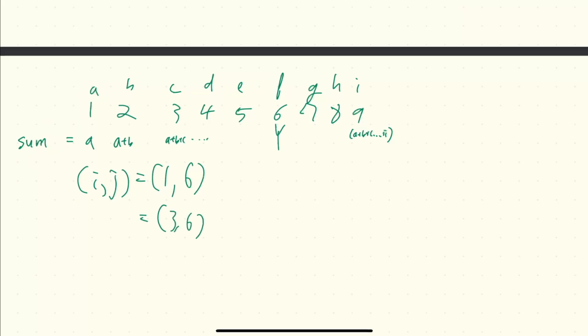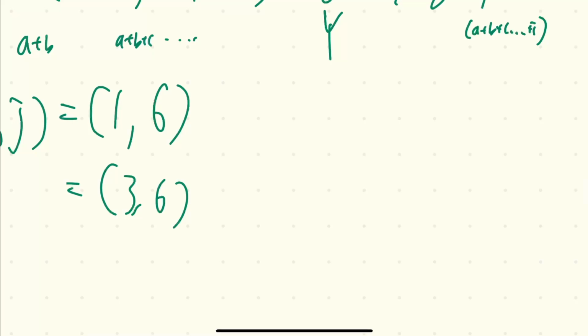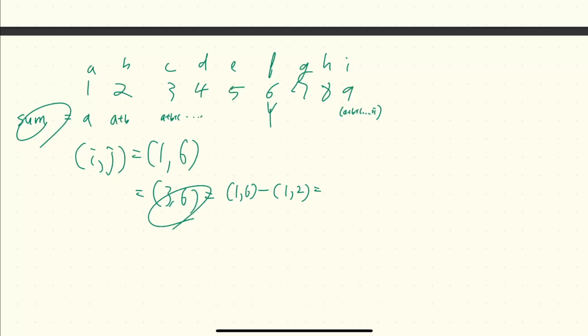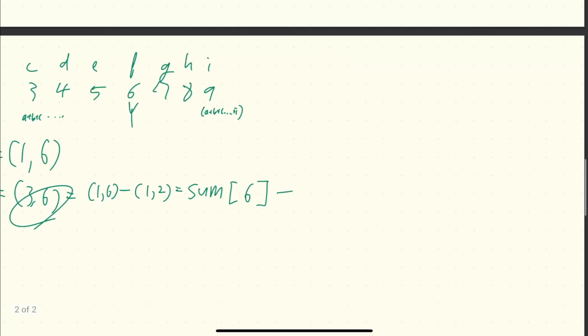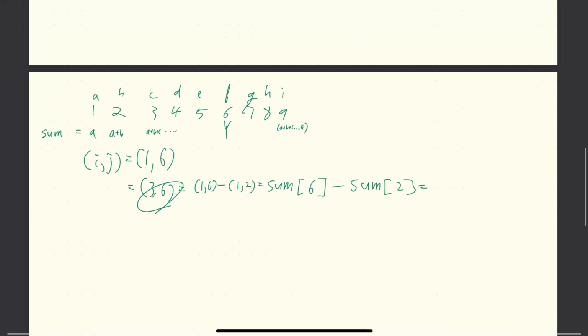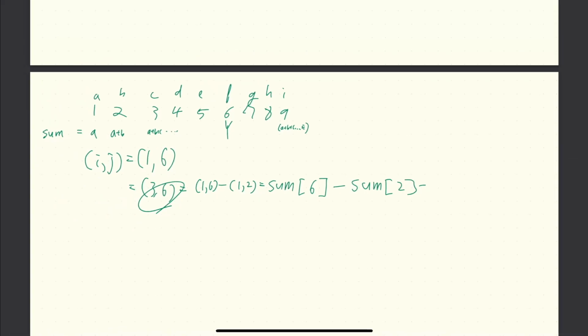What we could do is take 1 comma 6 and subtract 1 comma 2 and get 3 through 6. So in this case, what this would mean is that we take sum of 6 minus sum of 2. And this will give you what you need for the sum.